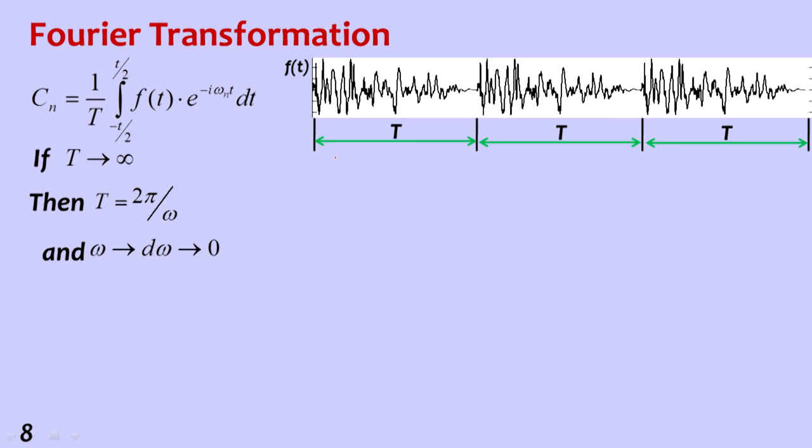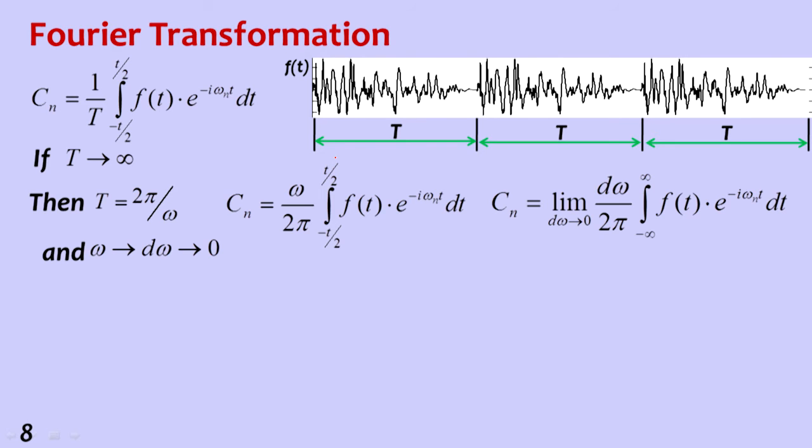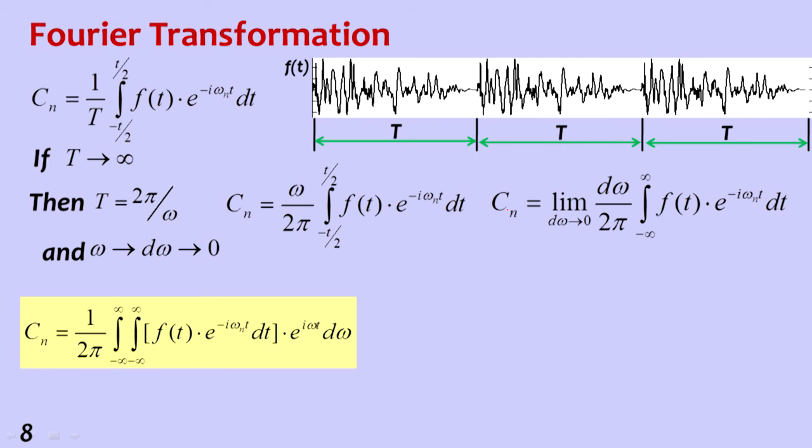If we substitute this, and omega n tends to omega and d omega tends to a very small value, then if we find the limits for evaluating Cn, Cn will be 1 by 2 pi, minus infinity to plus infinity, double integral of this function.